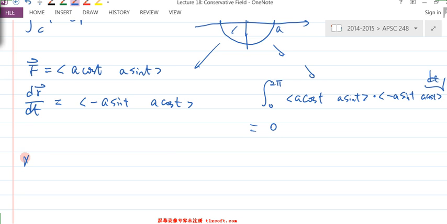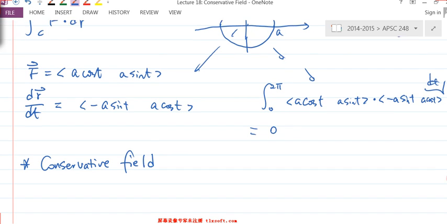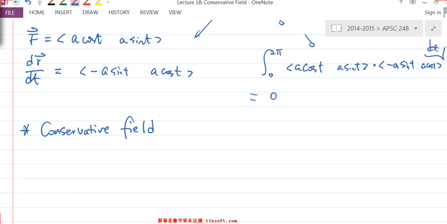The new topic here is conservative field. Okay, conservative field. So let me write down one of the formulas for line integral.